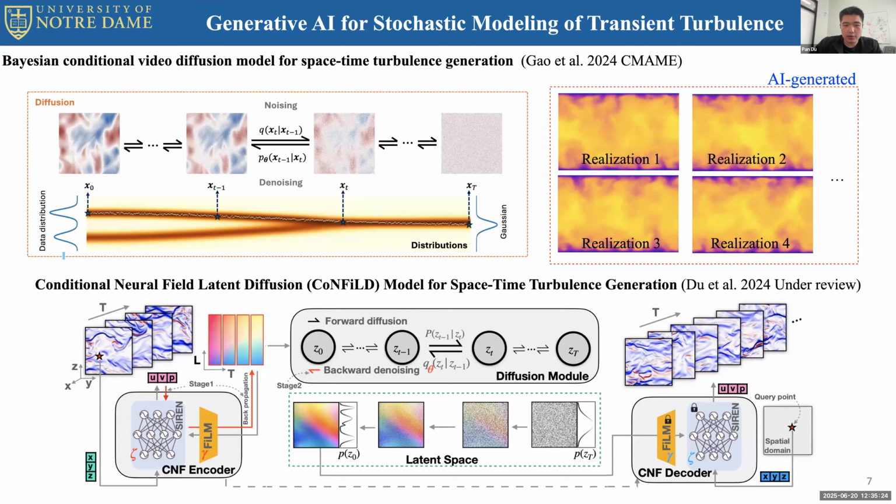You can consider SIREN as something that can implicitly represent one snapshot of the turbulence field. If you fit one snapshot, you take every point coordinate and its UVW values as a training pair, so every point in your flow field is one training sample.